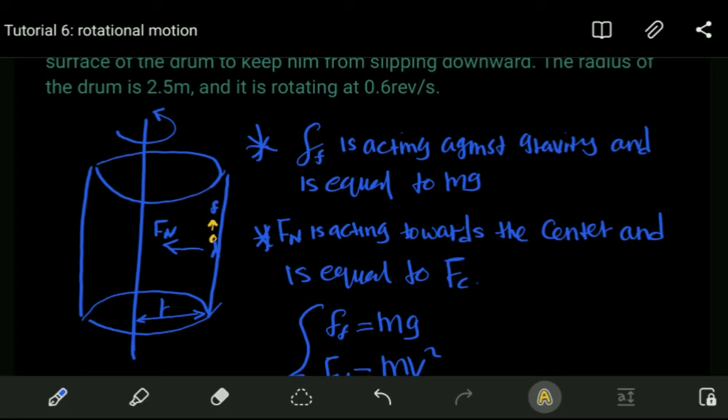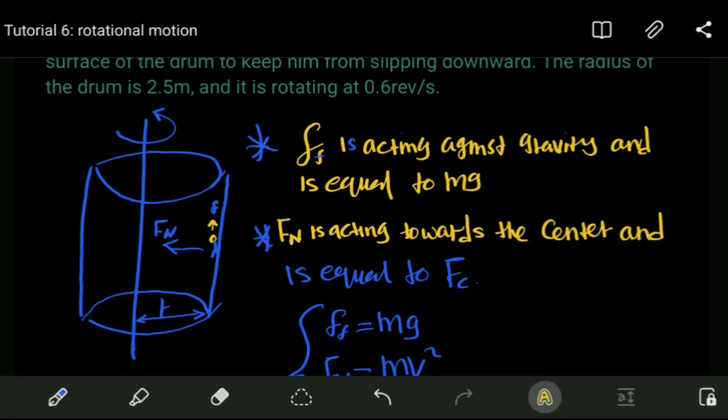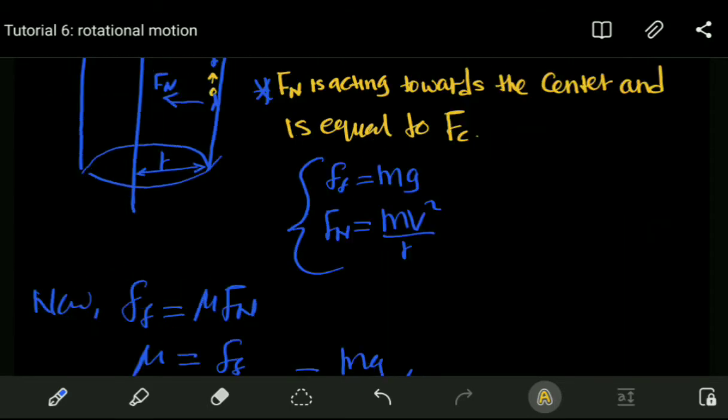Therefore we have frictional force acting against gravity and equal to mg. Also, the normal force is acting towards the center and therefore is equal to the centripetal force. So we can have these two equations: frictional force equals mg, and the normal force equals centripetal force, which is mv squared over r.